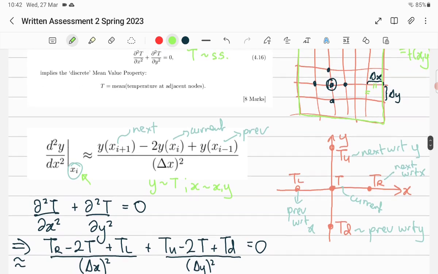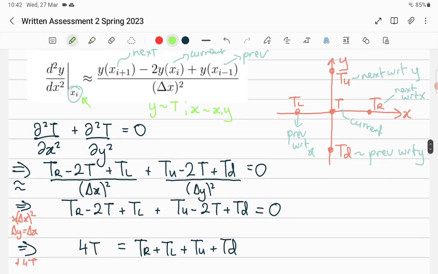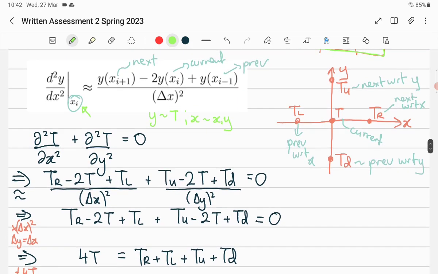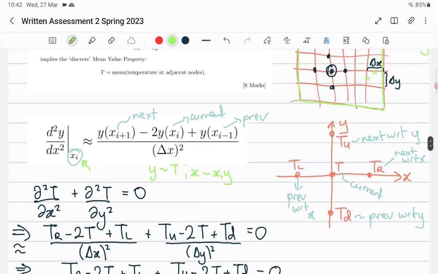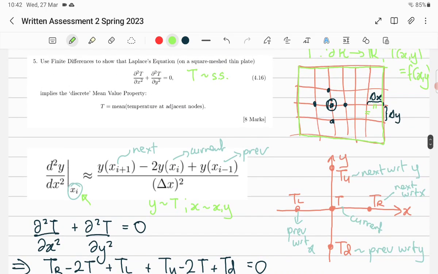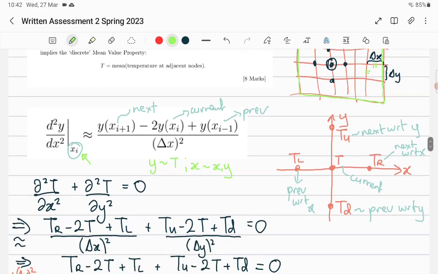So we set up a generic point, in this diagram now on the right of your screen, that just represents some internal grid point. Every single internal grid point has 4 neighbors. I'm calling TU the temperature up, TD the temperature down, TL the temperature to the left, and TR the temperature to the right.